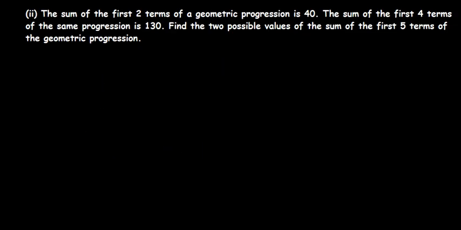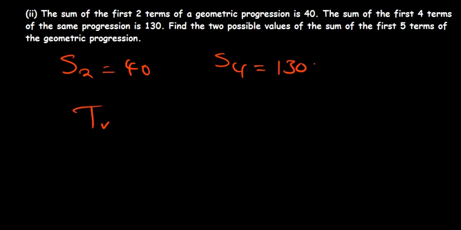Now we're told the sum of the first 2 terms of a GP is 40. Okay, and in a similar manner, the sum of the first 4 terms is also 130. So the formula for finding the nth term for the GP, just in case you want to know, is a r to the n minus 1, where r is the common ratio, and a, just like in the AP, is also the first term. Okay, and then what do we have? There are two formulas that we usually use.